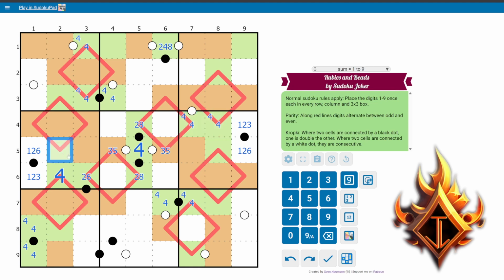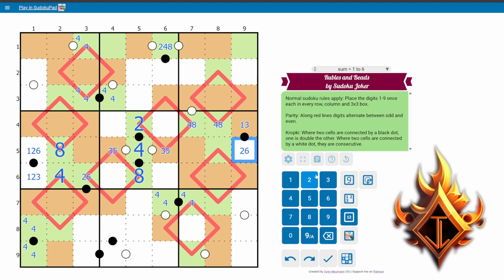But this becomes 8. Now 8 will make a pair here with 4. So this will become 2. 8 will go there. That is now odd.